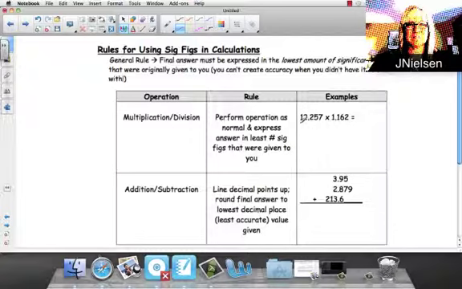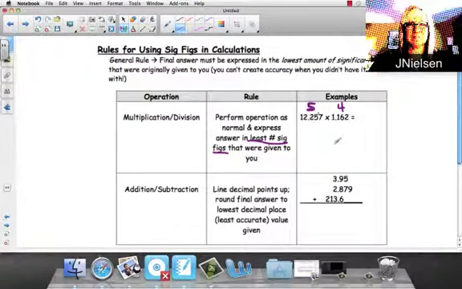We start on the left, the first non-zero digit, count it, and everything after it. So this is 5 sig figs. And 1.162 is 4 sig figs. So that means that our answer will have 4 sig figs. Express the answer in the least number of sig figs.